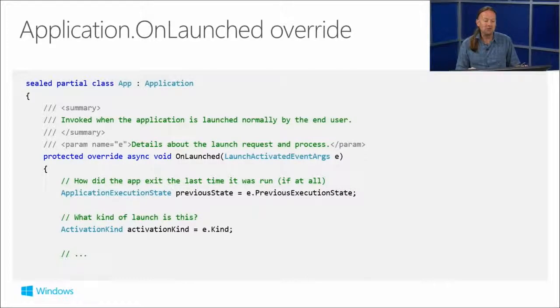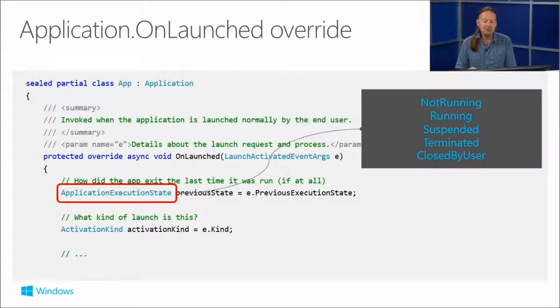Now, there is a method in your app.xaml.cs, .vb or .cpp, which in all the templates you'll have this already, which is the OnLaunched method. This is where you can run some code when the app is launching for the first time, and you can also figure out what kind of activation.